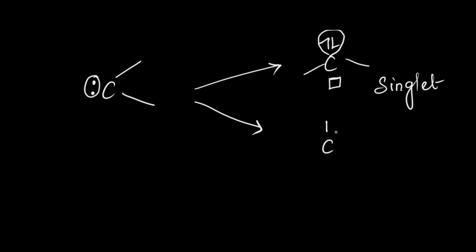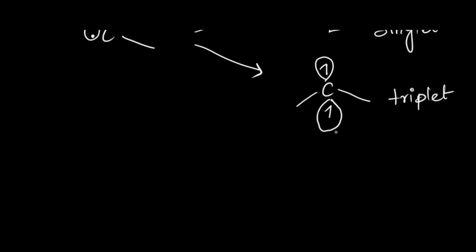And if the electrons are in different orbitals, then that is triplet carbene. Okay. How the name comes is not so important over here. That depends on the spin multiplicity. But you can remember, if both the electrons are in the same orbital, then that is singlet. If the electrons are in different orbitals, you can remember that as a triplet.